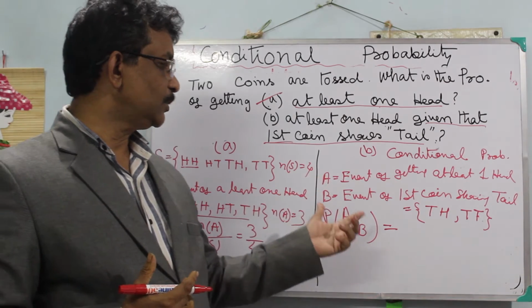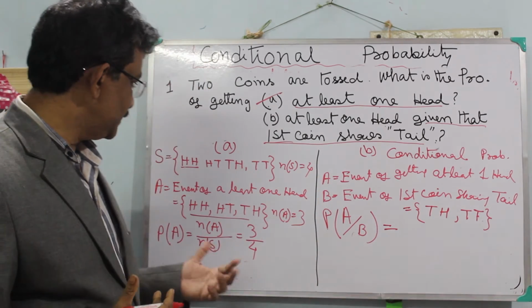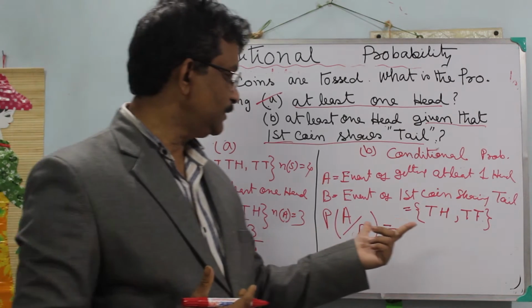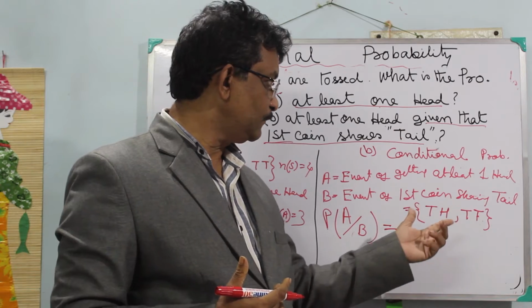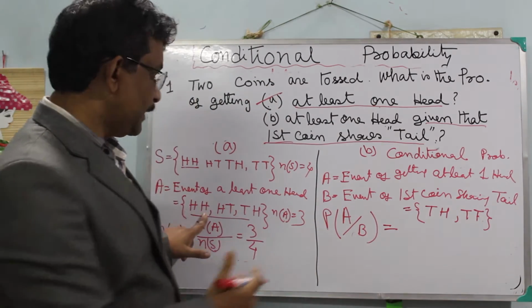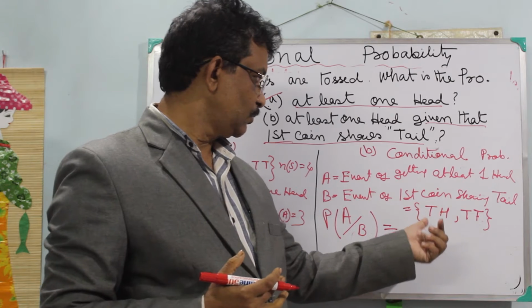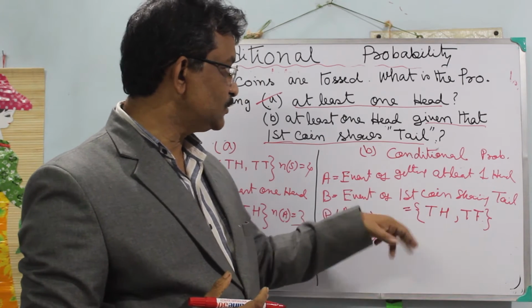So what is the probability of getting at least one head? Our choice is not limited to this, but our choice is limited to the intersection of this and this. Because the first coin shows tail, what is the probability of getting at least one head?